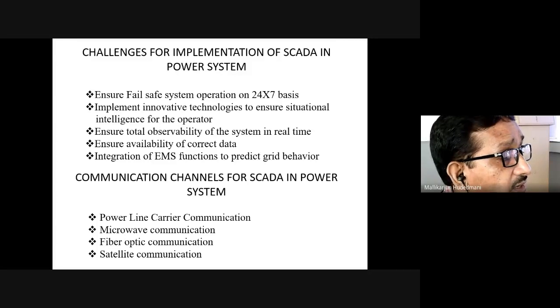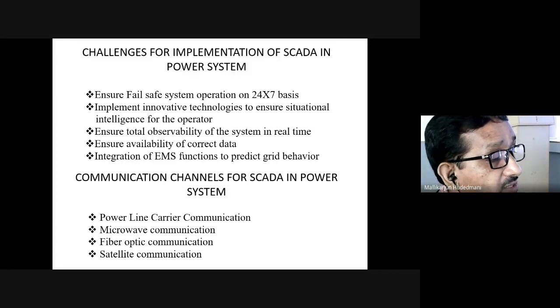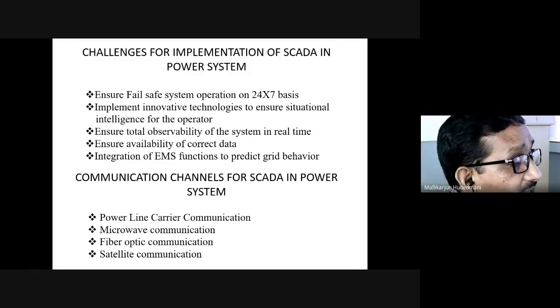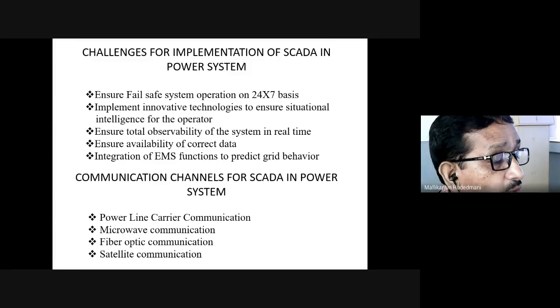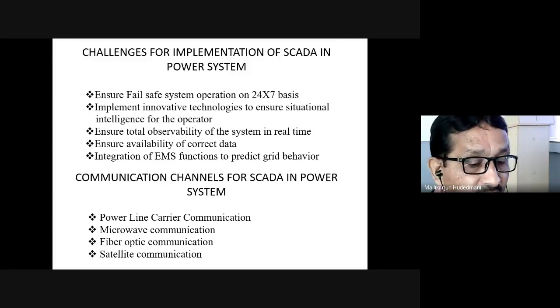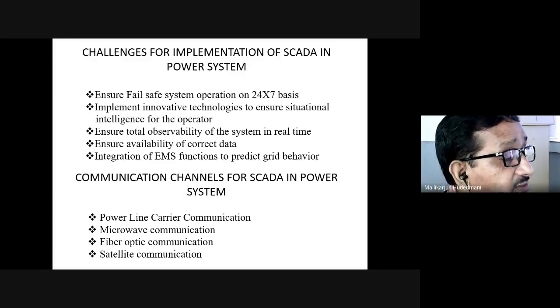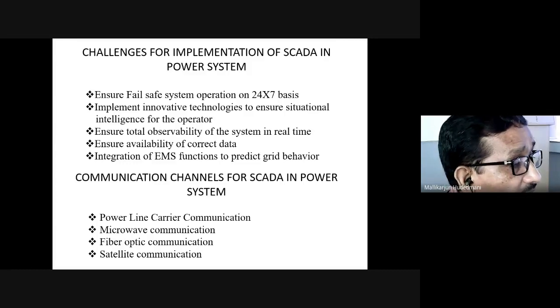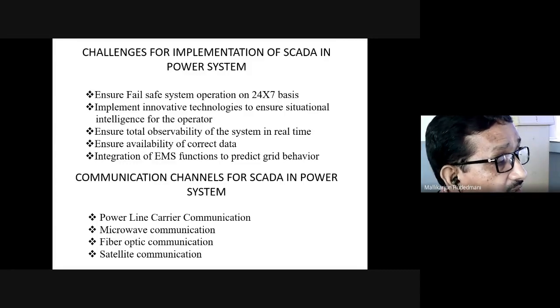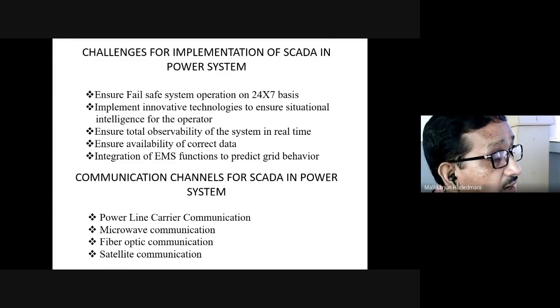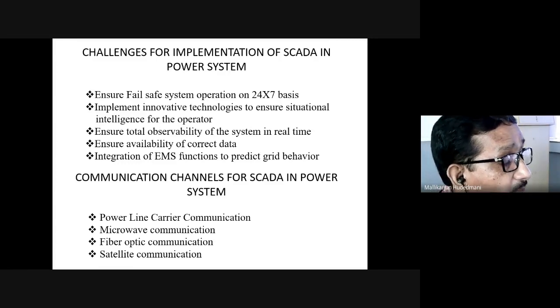Implementing innovative technologies ensures situational intelligence for the operator. This is a very great advantage of supervisory control and data acquisition. When this intelligence is utilized in the computing facilities, the current situation is under automation, with artificial intelligence programmed into it.